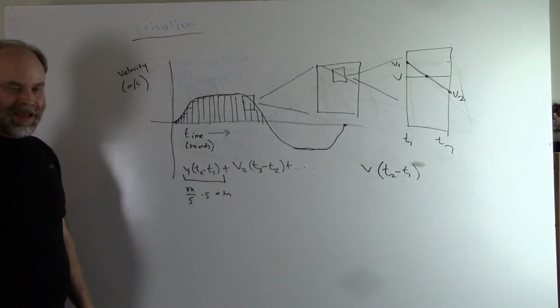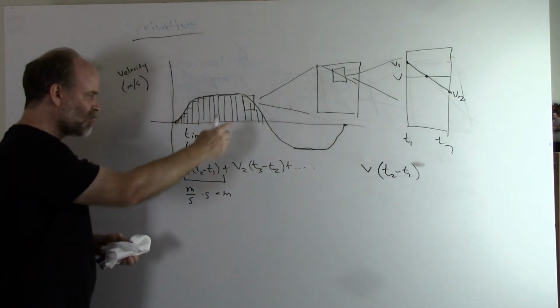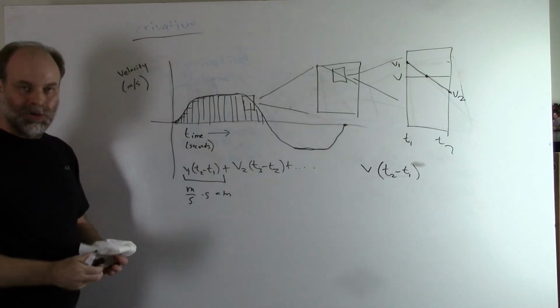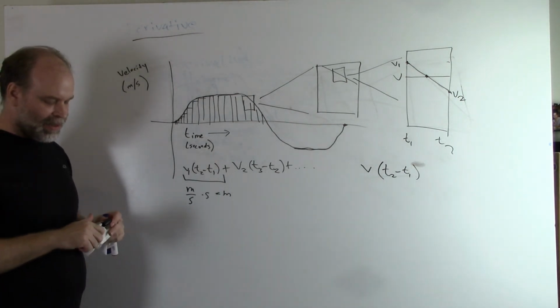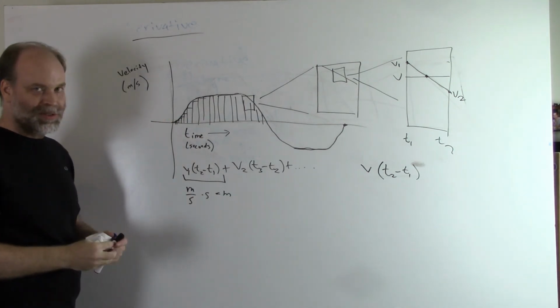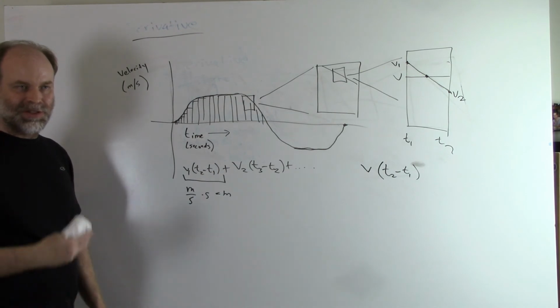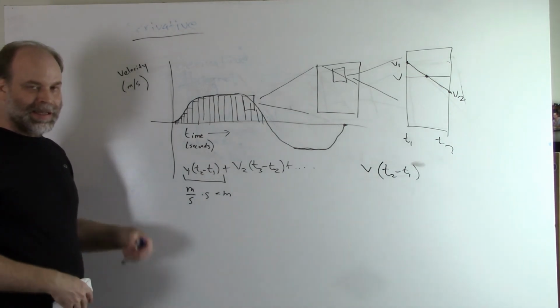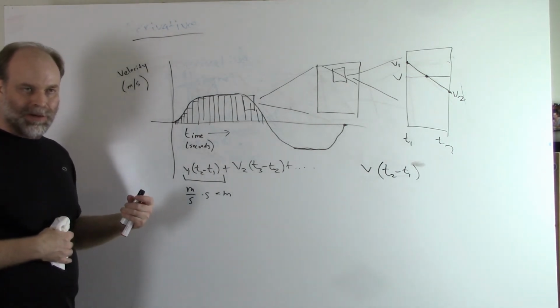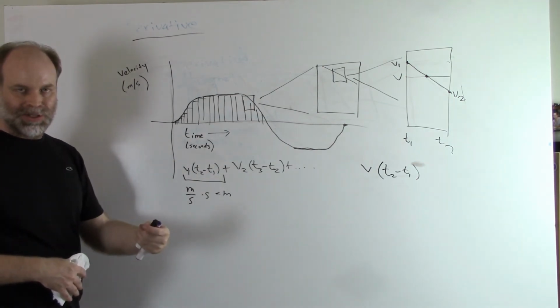And that's it. That, in a nutshell, is what integration is. It's basically chopping up small pieces of time, multiplying and adding. And that gives us position from velocity. That's it. The two basic concepts of calculus, derivative and integral. Again, to recap, physically, the derivative takes you from position to velocity.